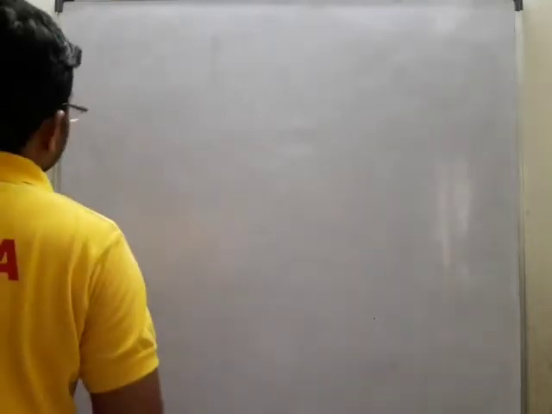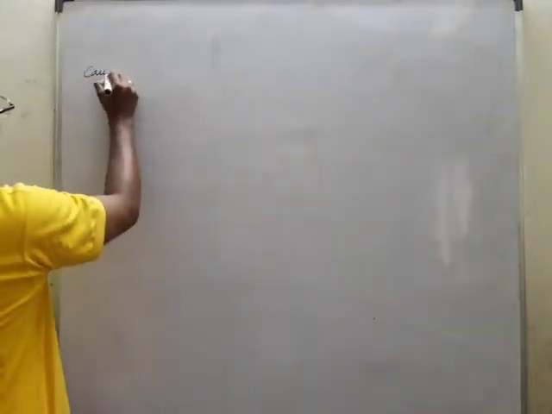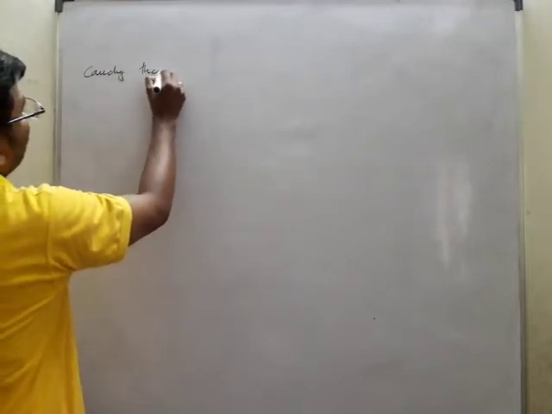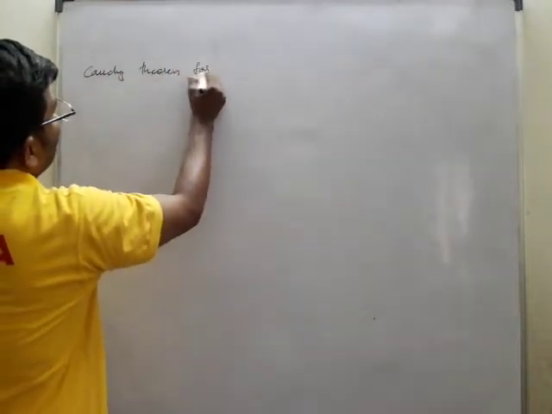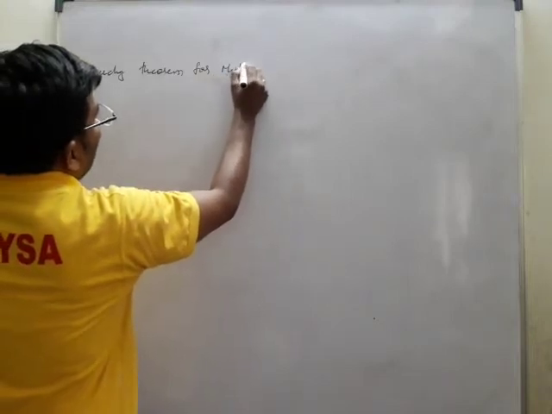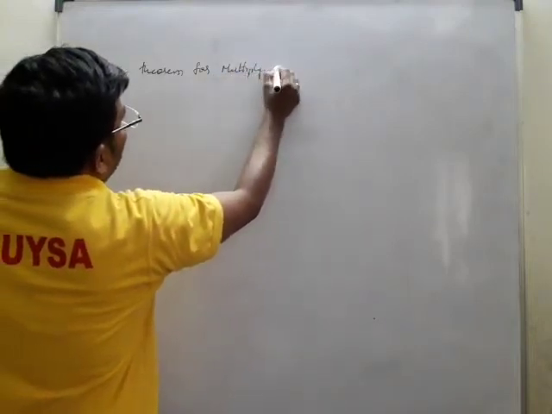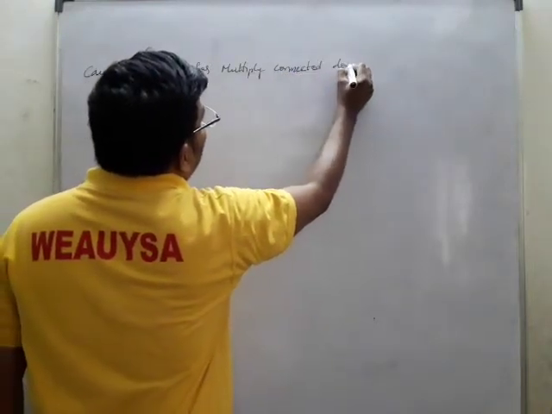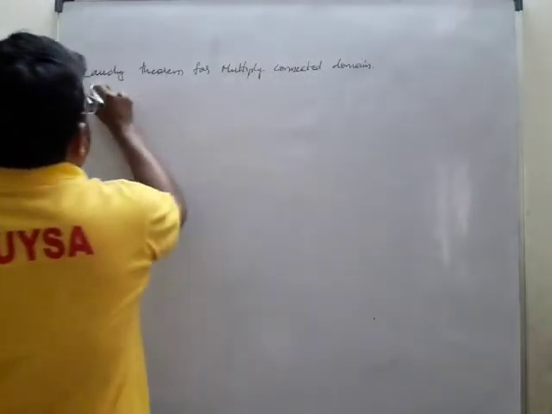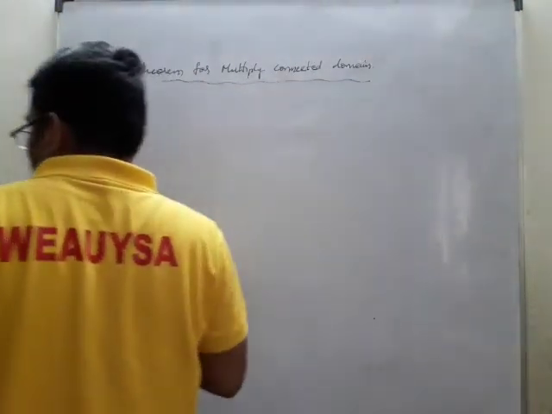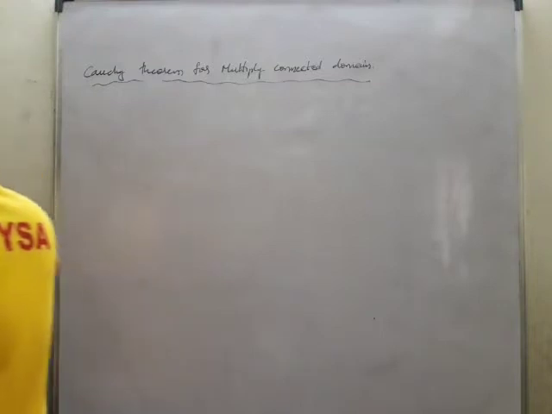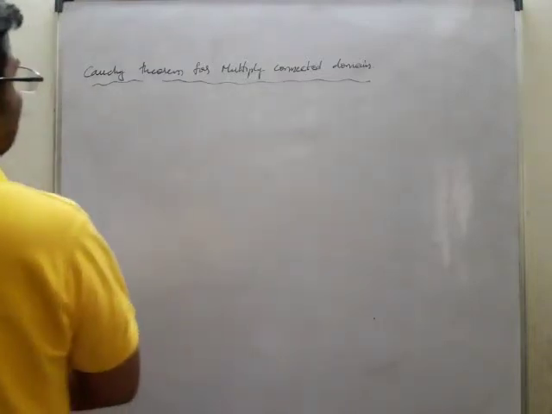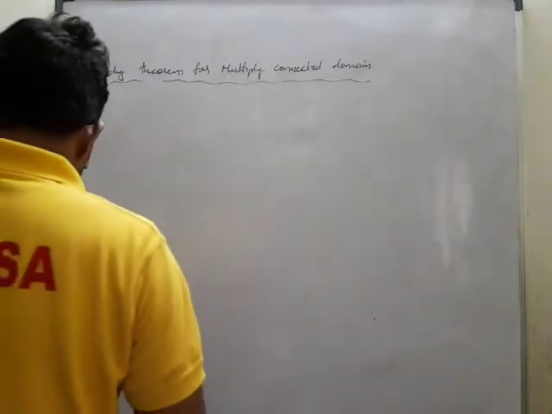For the multiply connected domain, the theorem says like this: Cauchy's theorem for multiply connected domain. So what is that? Now we'll see. First we'll write the statement. What is the statement given?